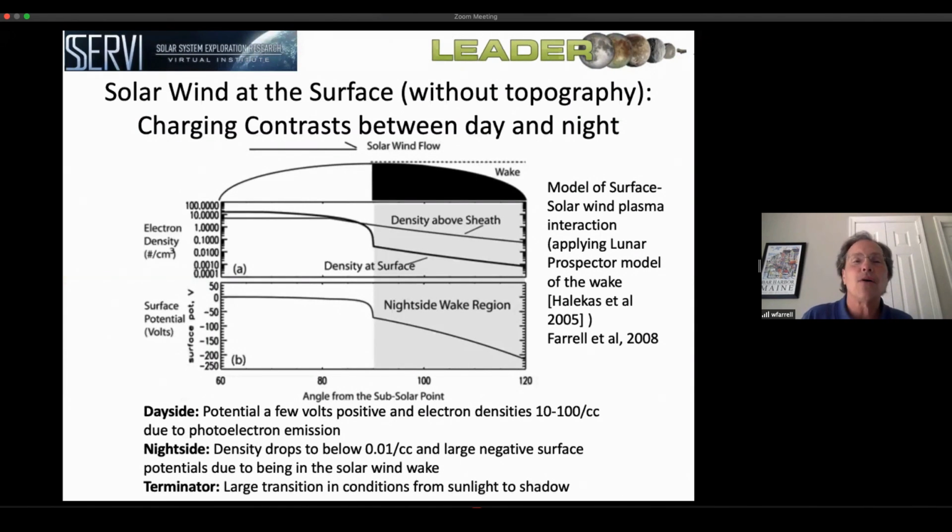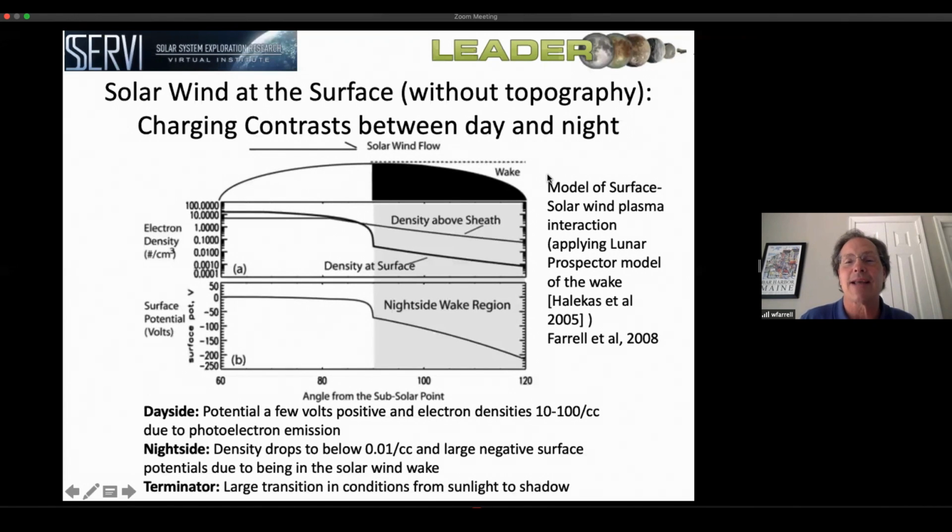If you just looked at how the surface of the moon would charge without any topography, because the regolith is an insulator, it's really a story of contrast. On the day side of the moon, solar radiation frees up photoelectrons, and the surface charges a few volts positive.